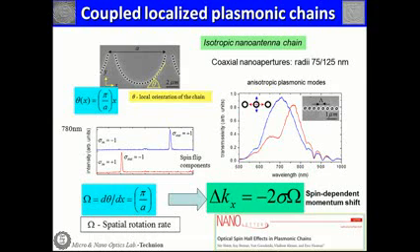Then we fabricated a curved plasmonic chain consisting of isotropic nanoantennas, where the local orientation of the chain theta varies linearly in the x direction. We observed here the same spin-orbit interaction, the same spin-Hall effect as in our previous experiment, and here the spin-dependent momentum shift is proportional to the spatial rotation rate of the curved structure.